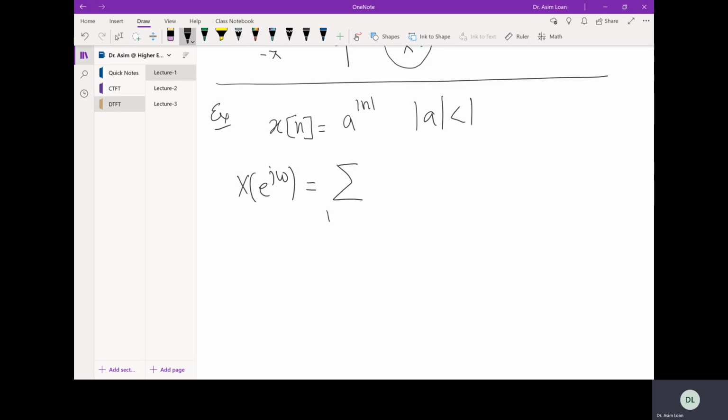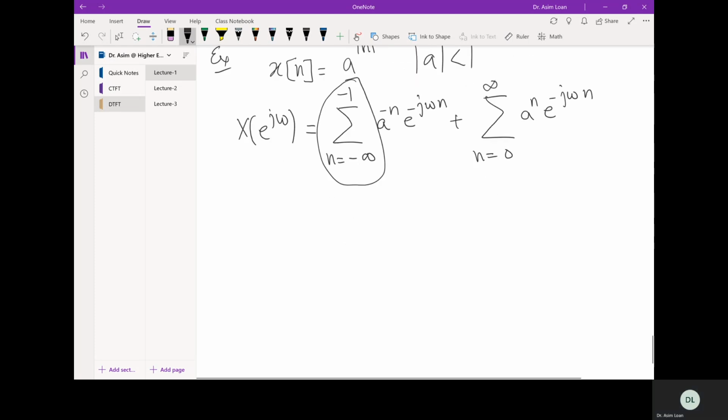One goes from n equal to minus infinity to minus 1 of a to the minus n, e to the minus j omega n, because when n is negative, this term is always positive, plus the sum from n equal to 0 to infinity of a to the n e to the minus j omega n. This one is easier. This is simply the sum from n equal to 0 to infinity of a e to the minus j omega, whole to the n. And we know this geometric series.